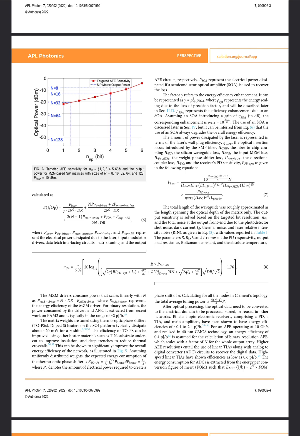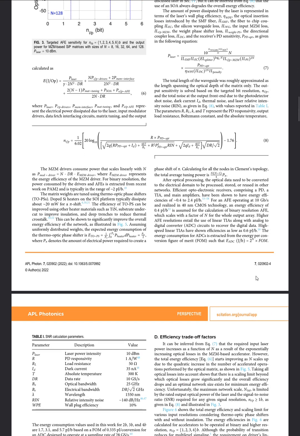Furthermore, high-speed linear transimpedance amplifiers have shown efficiencies as low as 0.6 petajoules per bit. Next, the high-speed serial inputs to the silicon photonic accelerator require first in, first out buffers and multiplexers to interface data with DRAM. Power dissipation for these input and output circuits are accounted for within the calculations.